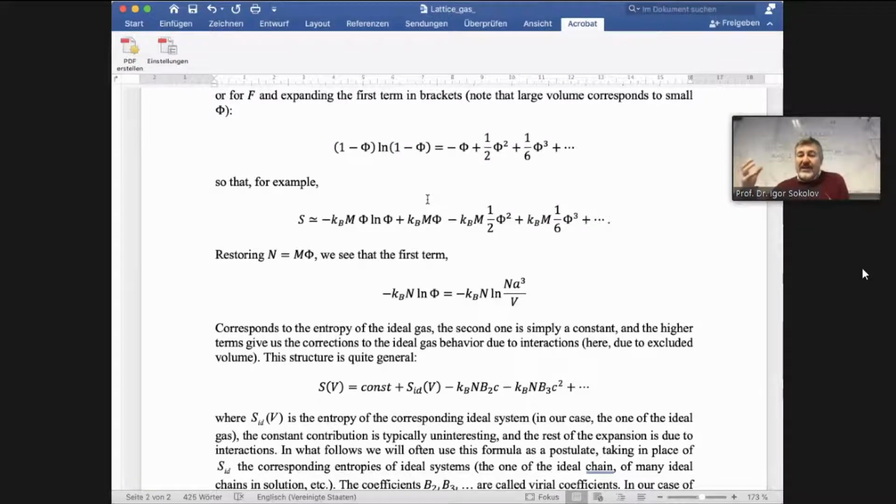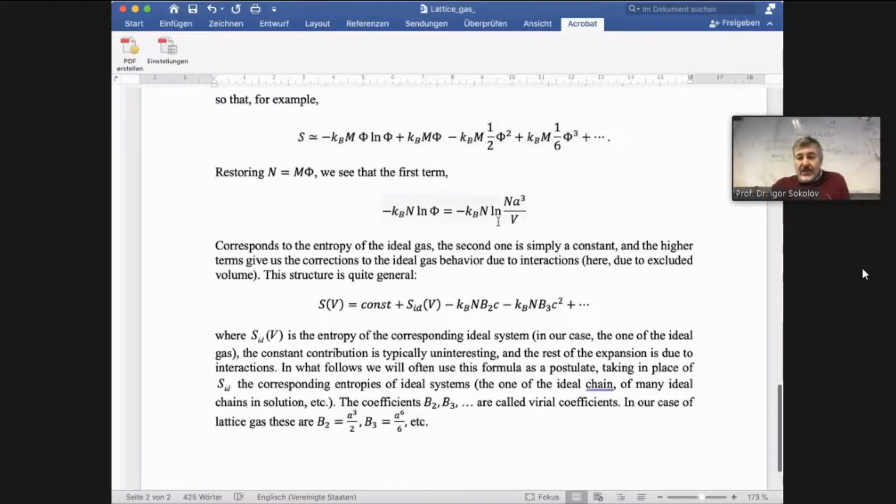We'll do all the same tricks. So now I look here and I see this combination: N/phi, N/phi times 1 phi comes to the outside, N/phi times 1/2 phi, N/phi times 1/6 phi squared, and so on. And this N/phi is N, the number of molecules.